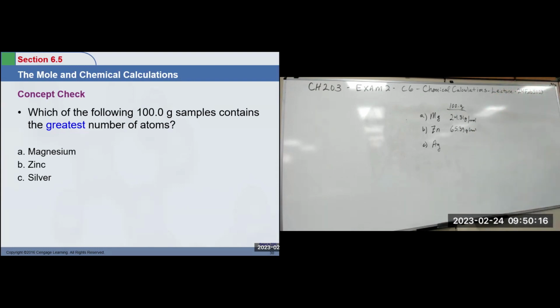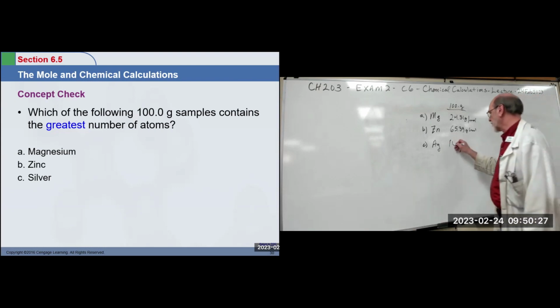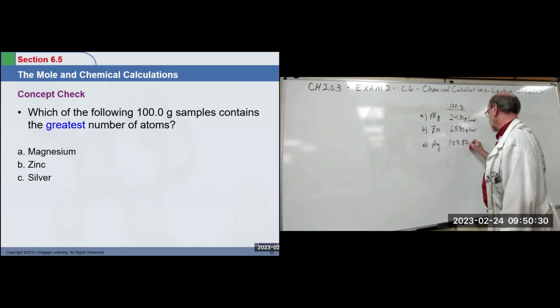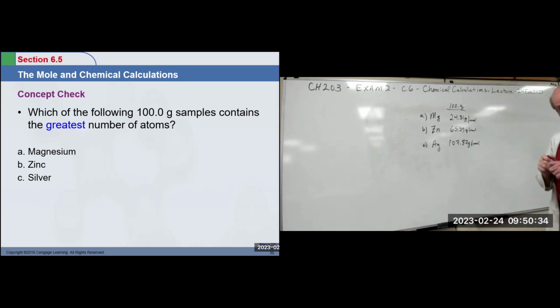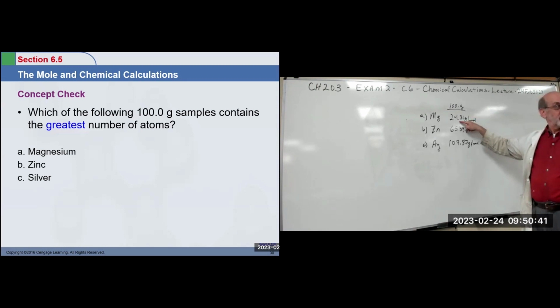And silver's a big atom, 107.87. So what that says is, for the same number of atoms, it only takes 24 grams of magnesium, and it takes 65 grams of zinc and 107 grams of silver.